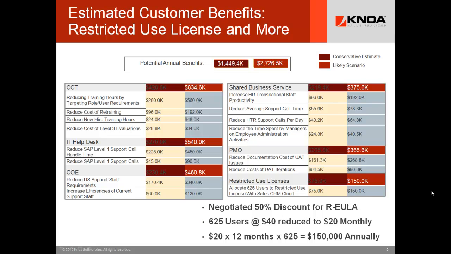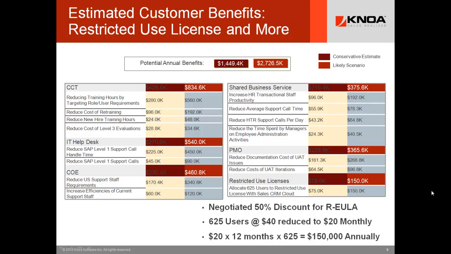And in that fictitious scenario, those 625 users might normally be charged $40 a month, but they're going to get an incremental discount from the vendor of 50%, and hence the savings from allocating those users to restricted use would be roughly $20 per month times 12 months times 625 users. That's $150,000 annually.